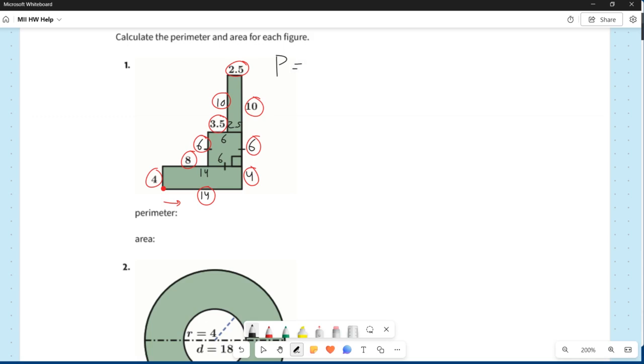So my perimeter here is simply 14 plus 4 plus 6 plus 10 plus 2.5 plus 10 plus 3.5 plus 6 plus 8 plus 4.